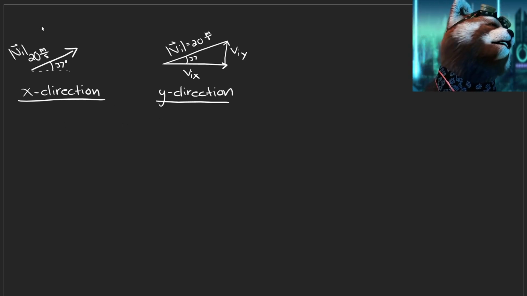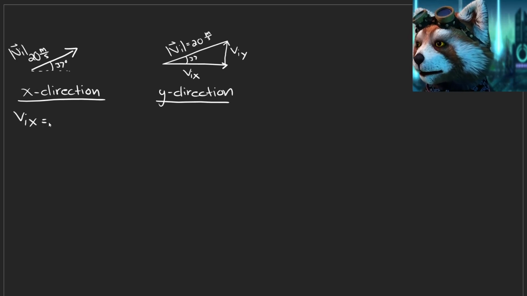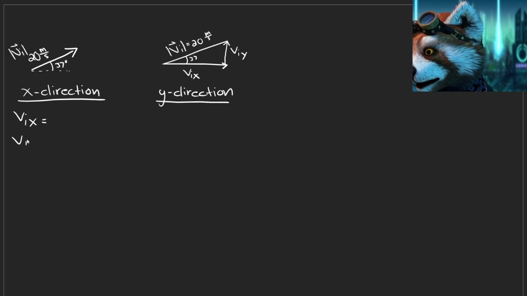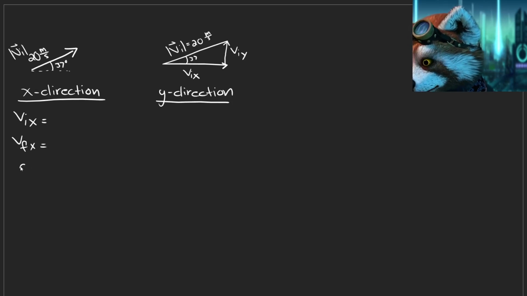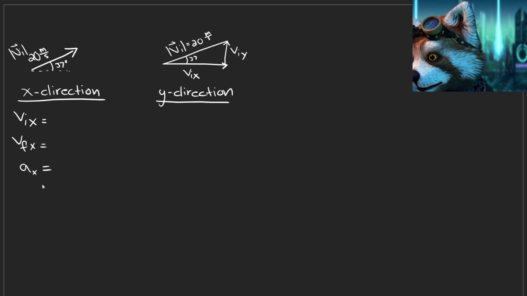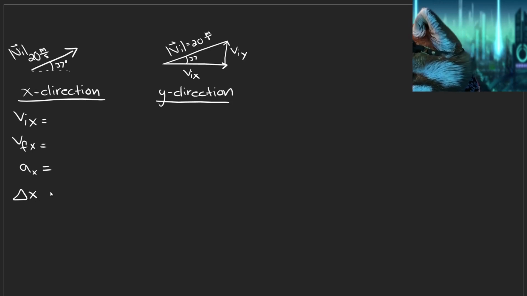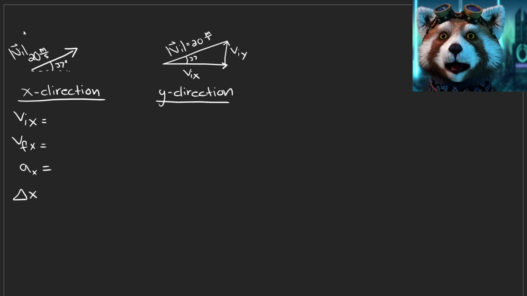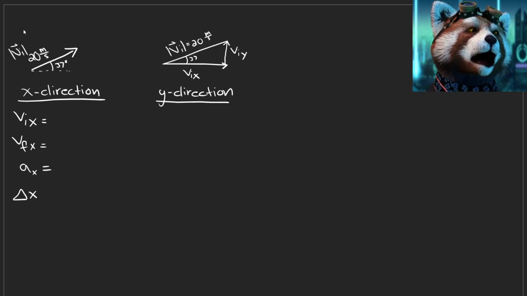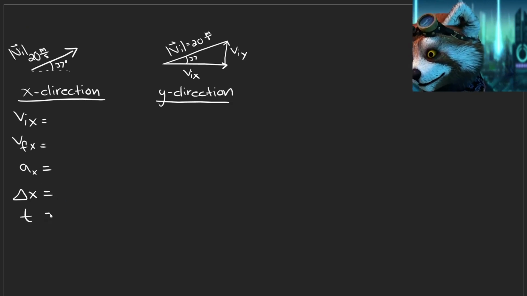We have velocity initial in the x, velocity final in the x, acceleration in the x, the range that it goes, how far this thing lands from the point that it was launched, fired, kicked, whatever. And we also have the time.